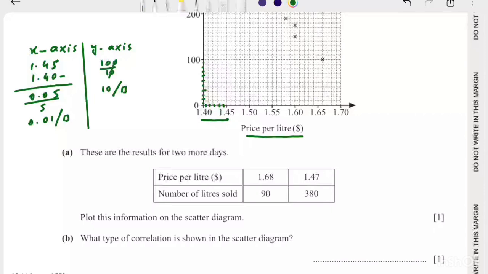These are the results for two more days: price per liter and number of liters sold. The price per liter is 1.68, and against this the number of liters sold is 90, and 1.47 for the next day, and against it the value is 380. Now we have to plot them.